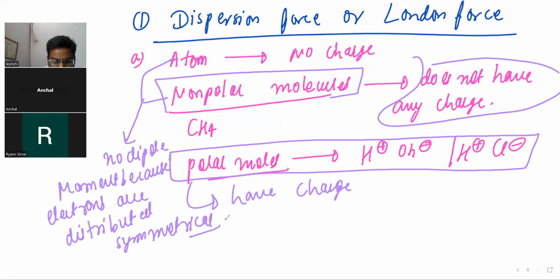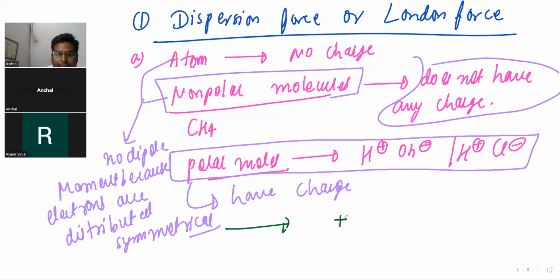But a dipole may develop momentarily even in such atoms and molecules, which can be understood as follows. We have two atoms A and B in close vicinity of each other. It may so happen that the electronic charge distribution in one atom momentarily becomes unsymmetrical, with the charge cloud more on one side. So it can be slightly developed. How? I will explain it.